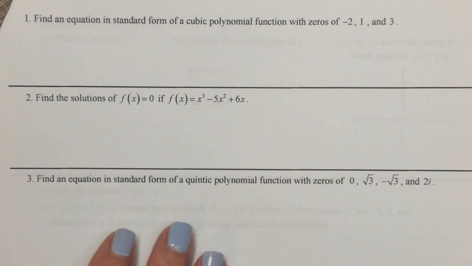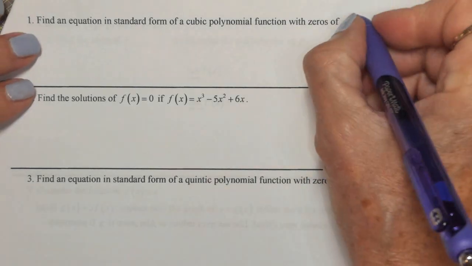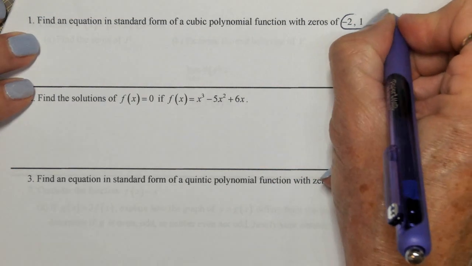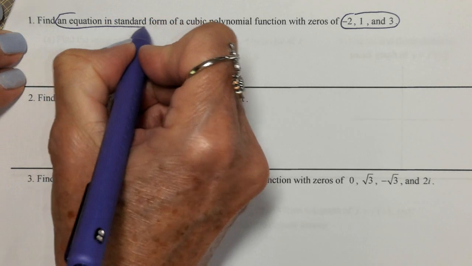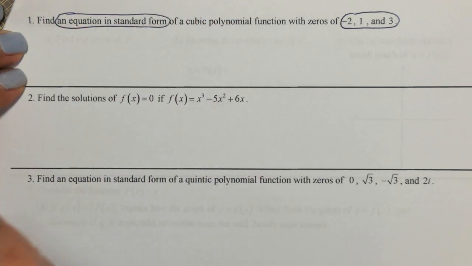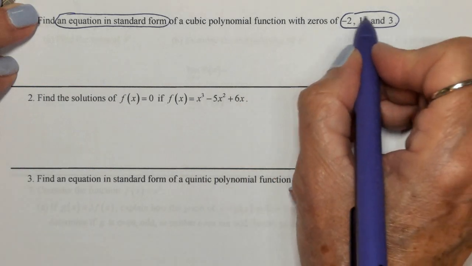All right, let's find an equation in standard form for a polynomial with zeros of -2, 1, and 3. So what is the equation?